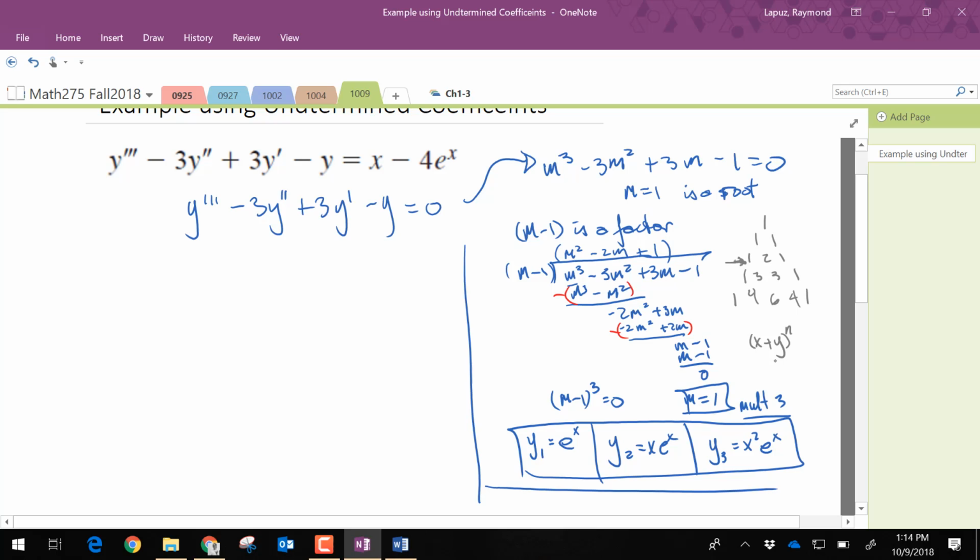If n is equal to 0, then anything to the 0 power is just 1. If n is equal to 1, then it's just x plus y, so the coefficients are 1 and 1. If n is equal to 2, this would be 1 times x squared plus 2 times xy plus 1 times y squared. And if you were to say x plus y to the 3rd power, that's 1 times x cubed, and then 3 times x squared y, and then 3 times xy squared, and then 1 times y cubed.